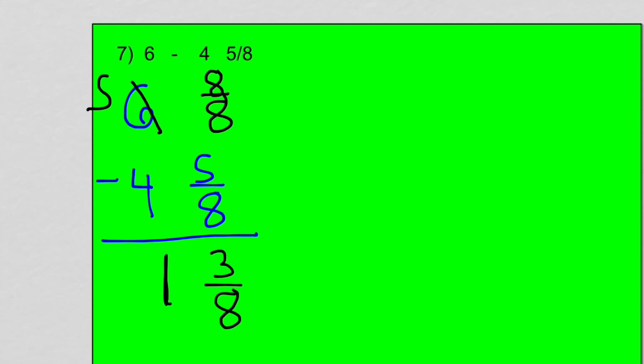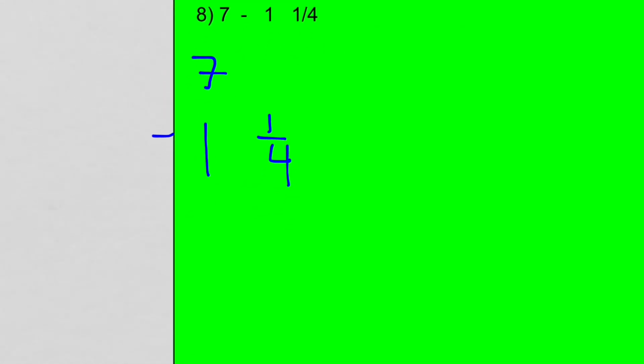Let's look at one more idea like this. 7 minus 1 1/4. Now, many of us can do this with mental math, but not all of us can. So here's a good strategy to do that. Okay, I have nothing beside the 7, no fraction that I can subtract 1/4 from.